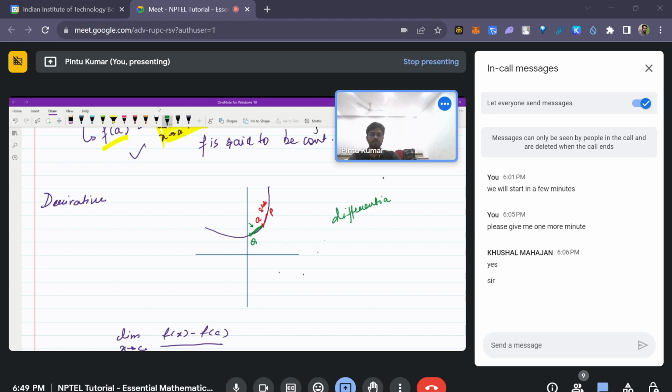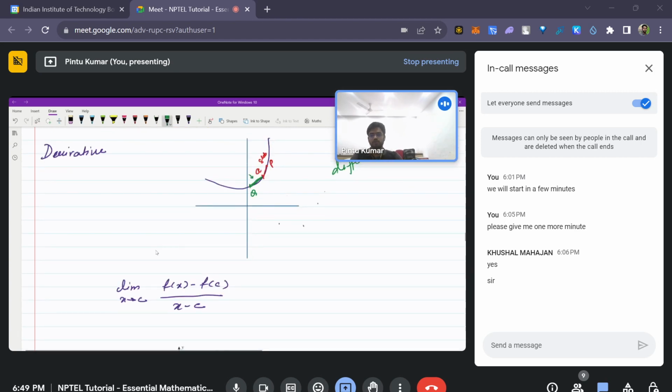Okay. So this is the definition. If you look at this point P, let's say this particular point is x and this is c, right? Then what is this slope? The slope is y2 minus y1 upon x2 minus x1, right? Then the slope is f of x minus f of c divided by x minus c, right?